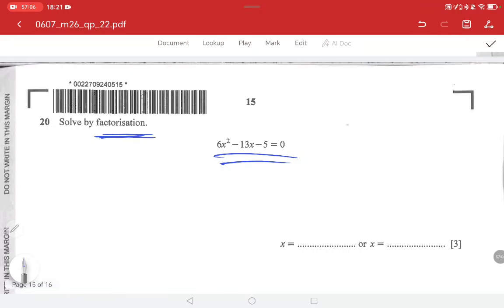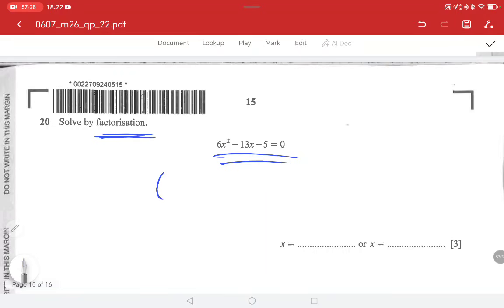Yes, it can be. But in this case they will ask you to write your answer in surd form. So your answer at the end will be in surd form, for example, 2 plus the square root of 5. So the answer will be like that, x1 and x2. So you should practice this as well.